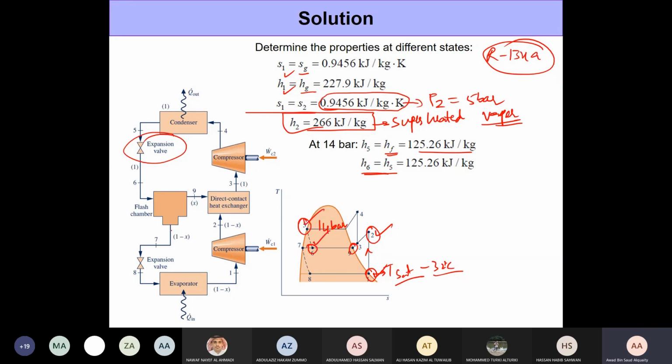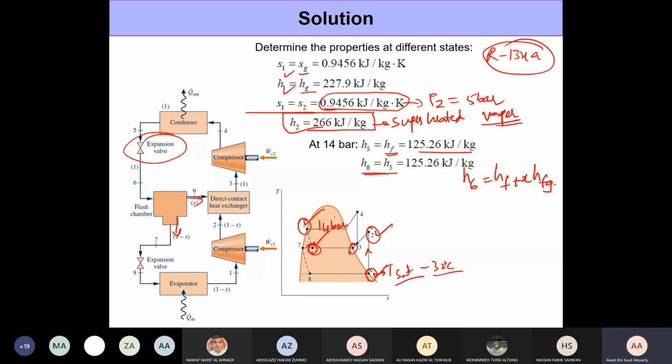Now remember, the liquid component of this state 6, which is the liquid vapor mixture, ends up going towards the evaporator. The rest is used and sent to the direct contact heat exchanger. So we need to determine the value of X, the quality at state 6. And whenever you have a mixture, the enthalpy of a mixture would simply be equal to Hf plus X times Hfg.